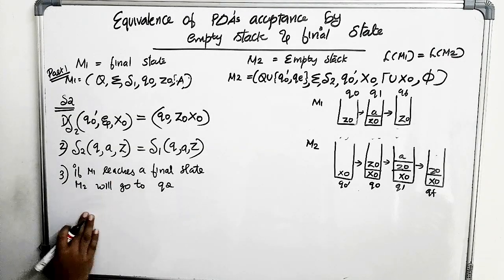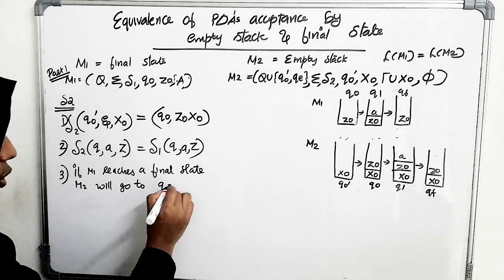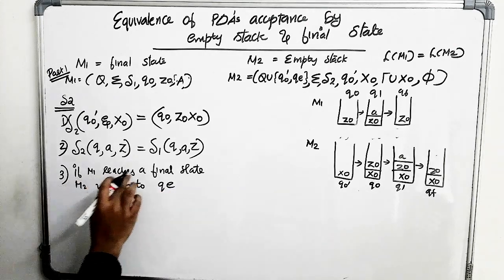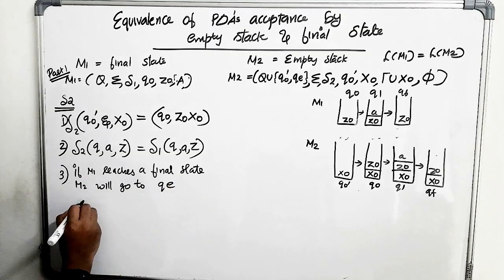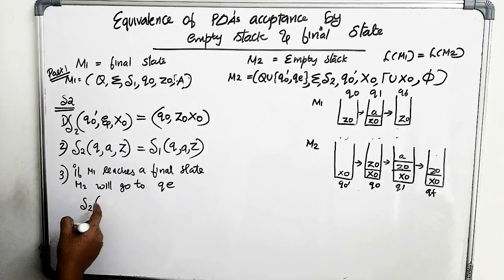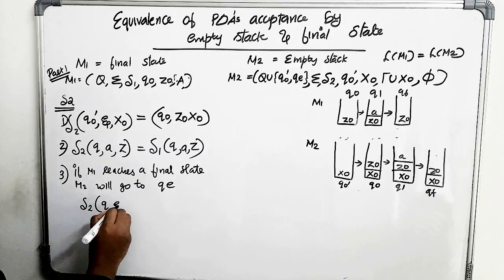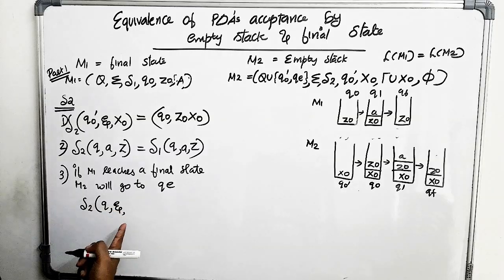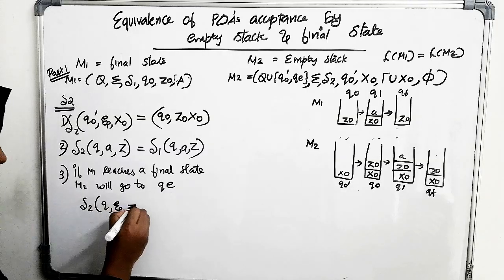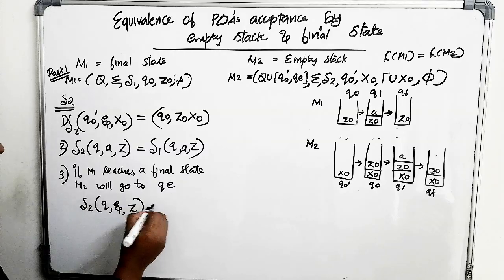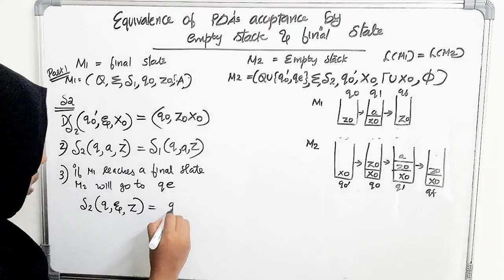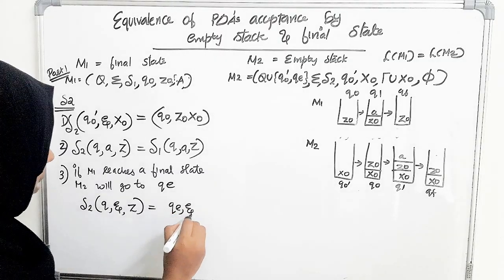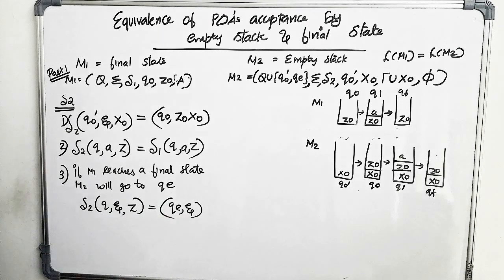Not Q2, M2 will go to QE, the erasing state. That is, if delta 2 is defined like this: Q, epsilon. Input will be empty when we reach the final state Q. And whatever is the content of the stack, we will go to the state QE and keep on popping the symbols off of the stack.